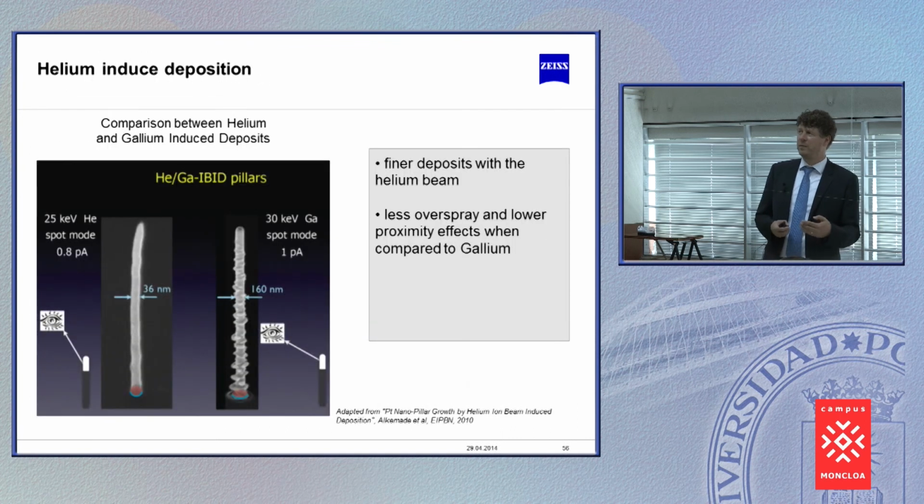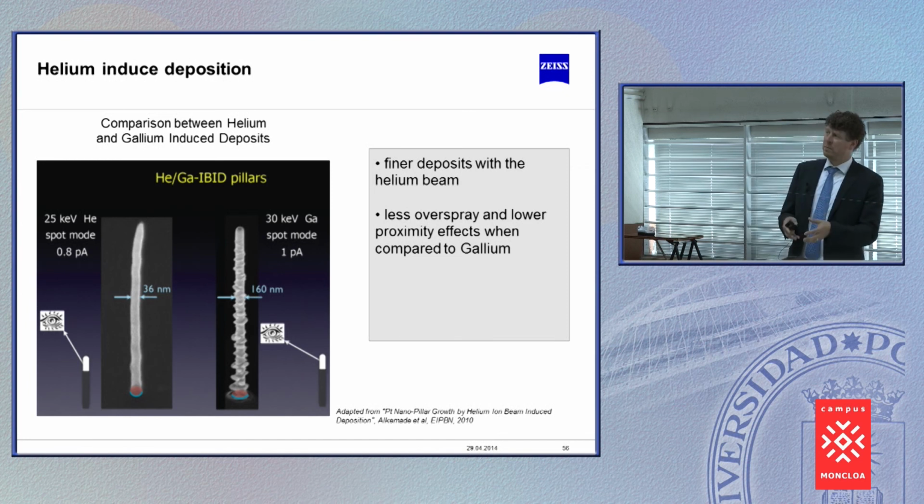This is an example for the gas injection system, where you use some gas which will be cracked and will produce this kind of pillars on your sample.